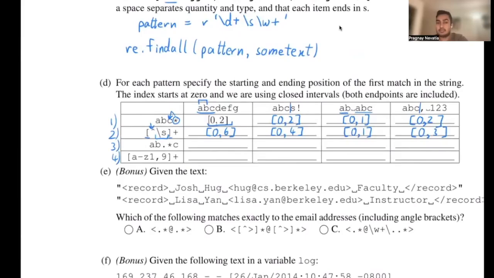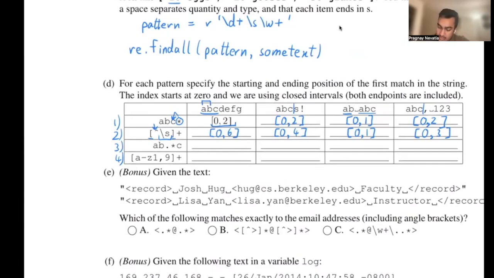The period sign basically means any character. So in our case, let's look at all 4 examples. With AB.*C, this basically means that the match should start with AB and end with C. So what you'll notice is that the last C in the first column is here. So again, you only match the first 3 letters.